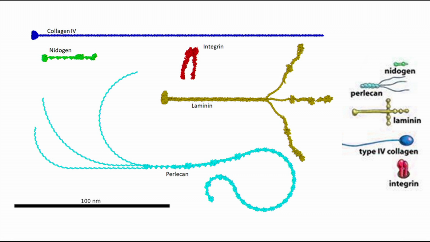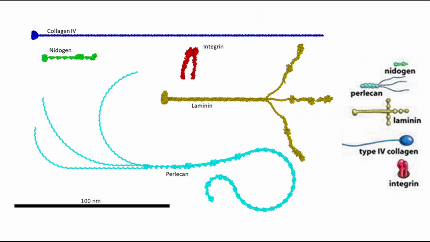What you see on the right is how biologists generally picture this molecule. For example, perlecan is often pictured as a small molecule. And if you look at it at real scale, it's a rather huge molecule.